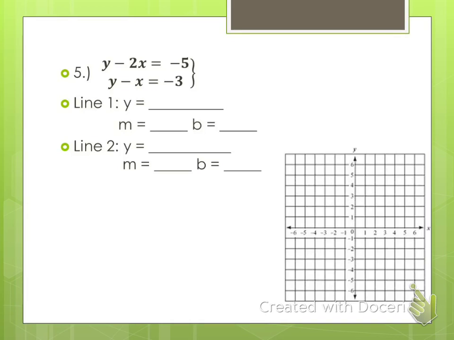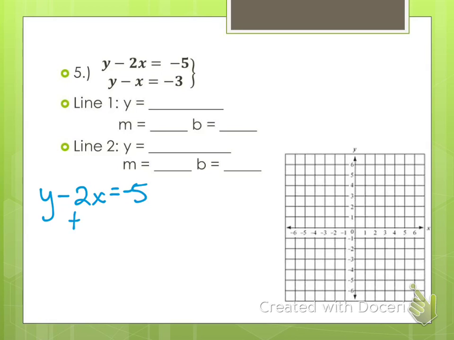All right, number 5. First thing we have to do is get y by itself. Luckily on these, they look a little bit different, but they're actually pretty easy. Y minus 2x equals negative 5. Anybody have any ideas on how to get y alone? Deshaun?